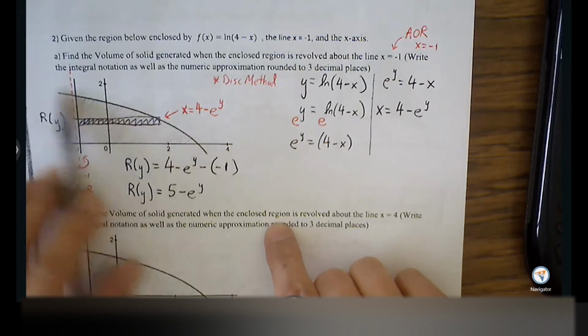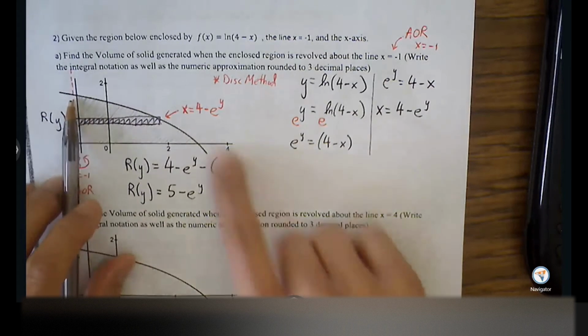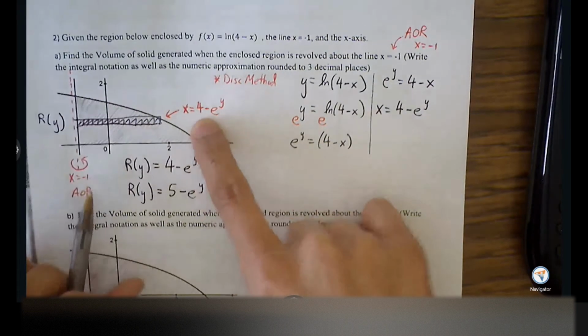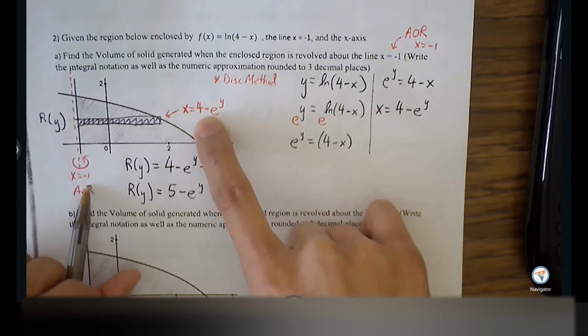Okay, we need to find that intersection between this graph and this here. So we need to set them equal to each other. -1 is equal to 4 minus e to the y.